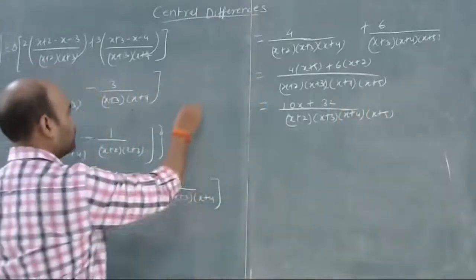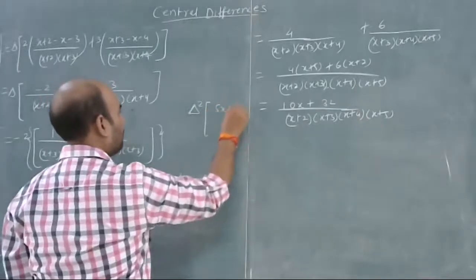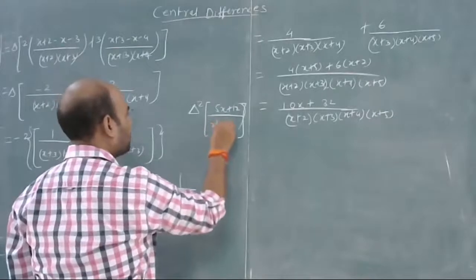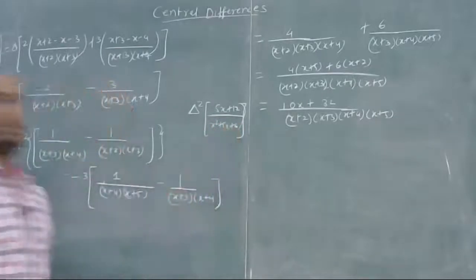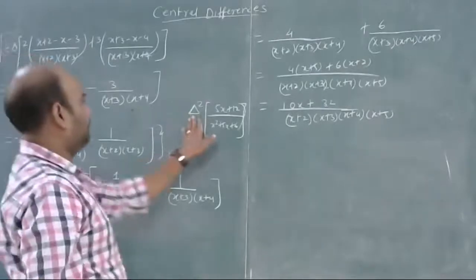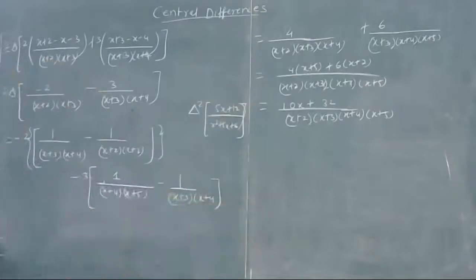So this is del square, 5x plus 12 divided by x square plus 5x plus 6. Okay, so you can find the value of the double second difference by this method.